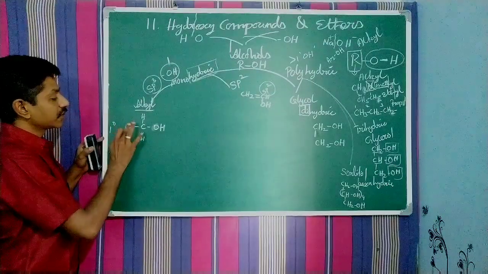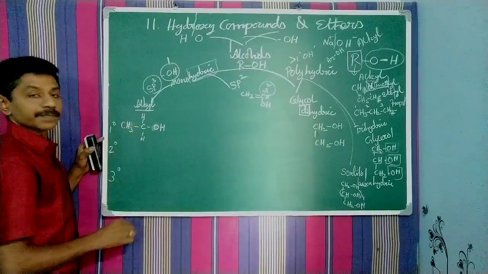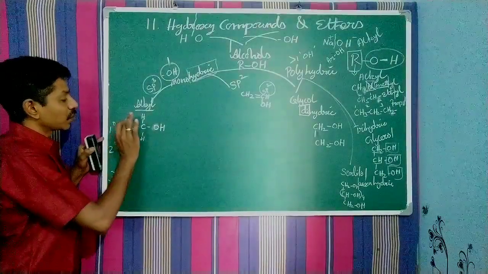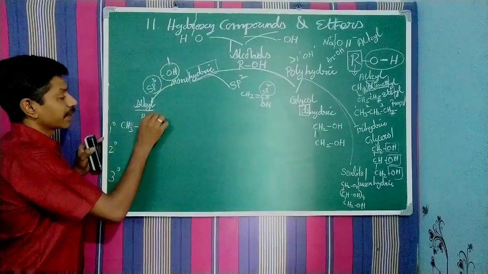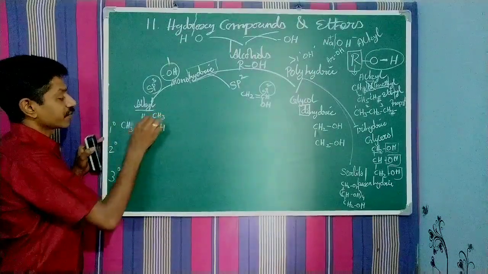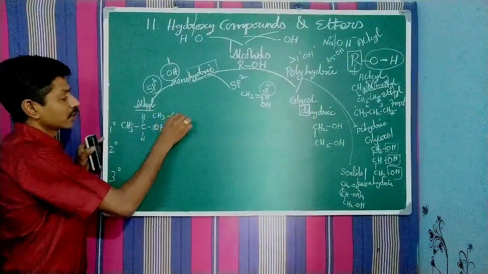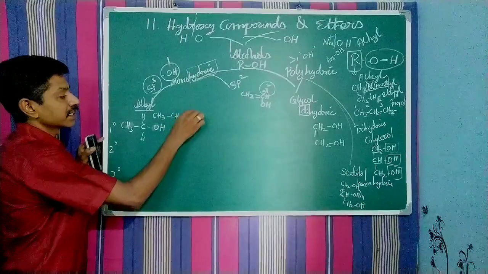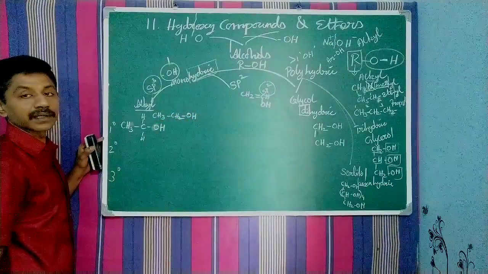And on this side, a hydrogen I can replace with a methyl group. If you closely see the structure, this molecule can be written like this: CH3, CH2 and OH. This is nothing but ethanol or ethyl alcohol.